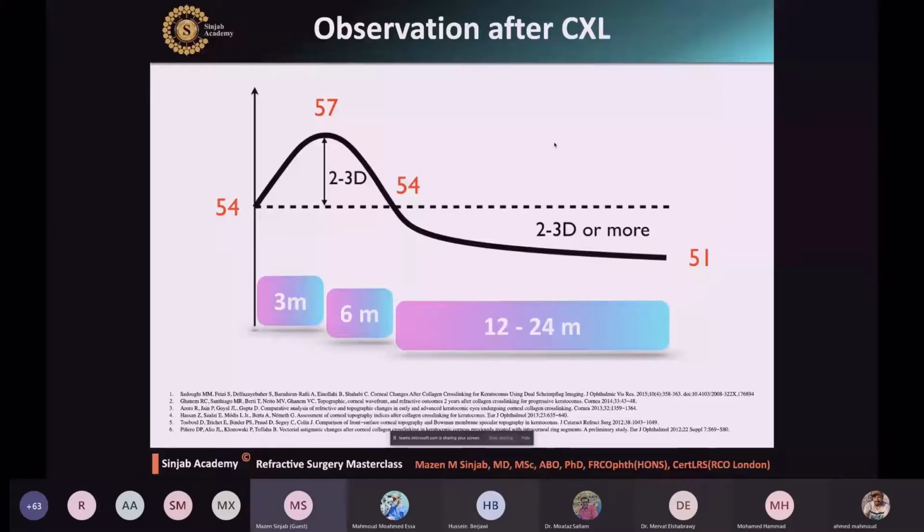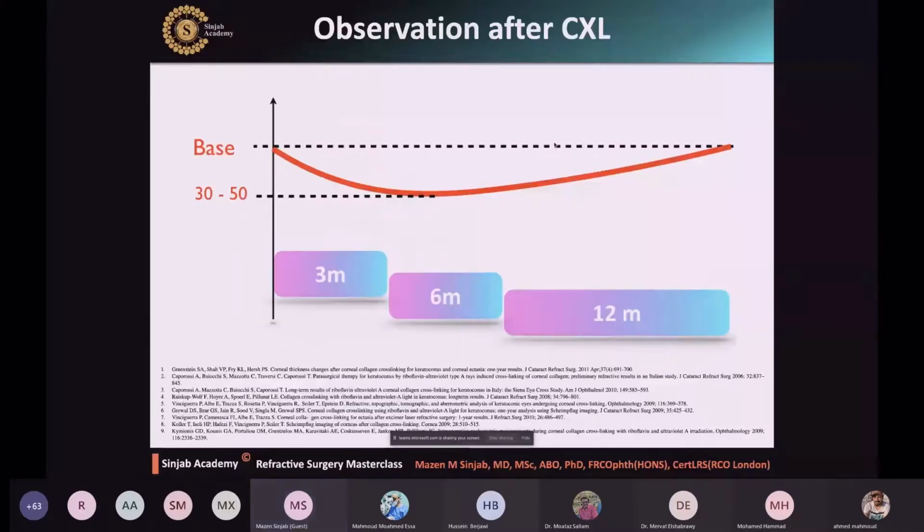Remember this illustration. Regarding the thickness after the cross-linking, during the first 3 months, there will be a loss of tissue because of dehydration, about 30 to 50 microns. Then there will be a gradual increase in thickness to reach the pre-op baseline within 1 year.